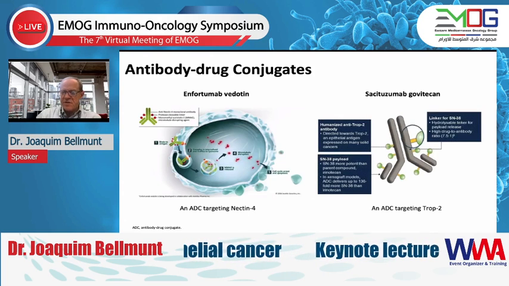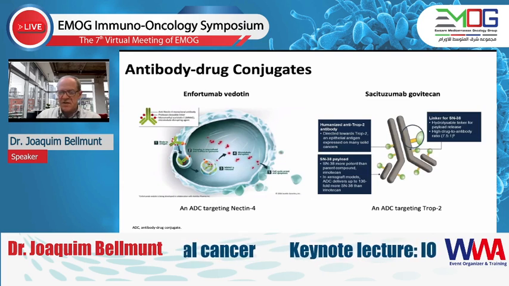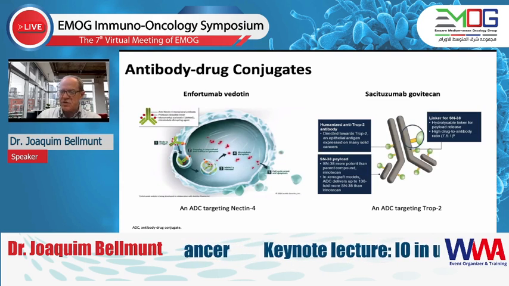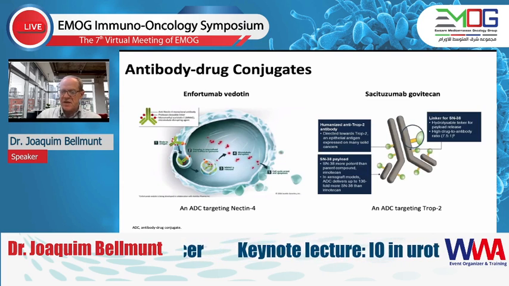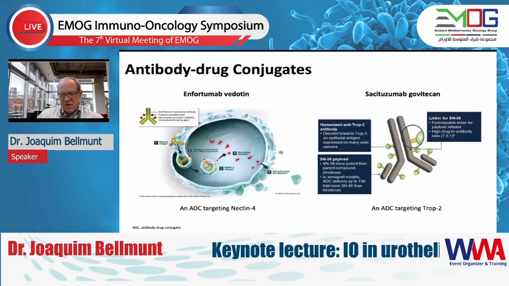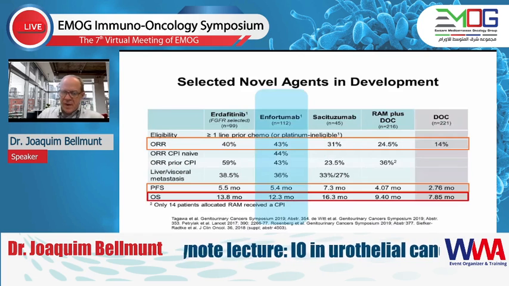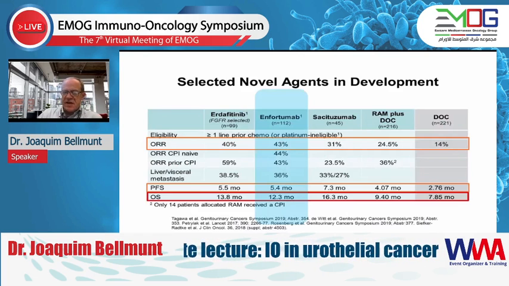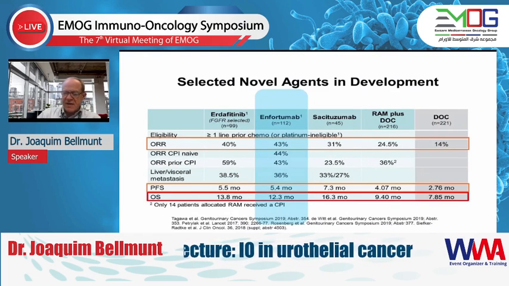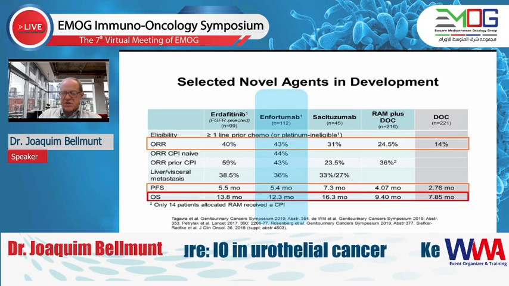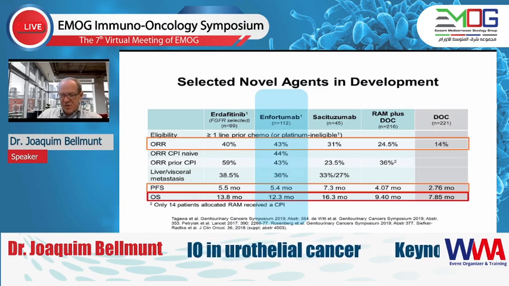The other similar compound is sacituzumab govitecan. Here, instead of monomethyl auristatin, we use SN-38, that is a metabolite of irinotecan. And here you can see the results with enfortumab. In an unselected patient population, in the phase 2 trial, we saw, again, 43% responses, median survival of 12.3 months.